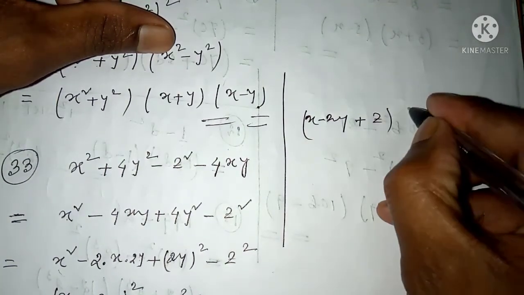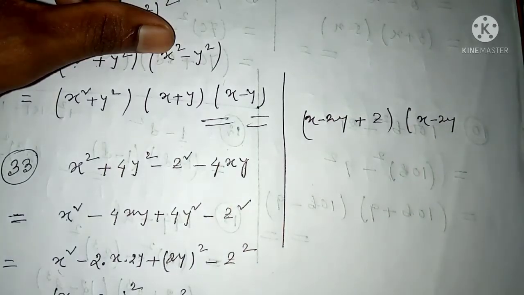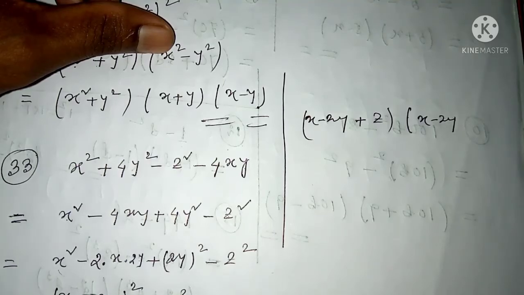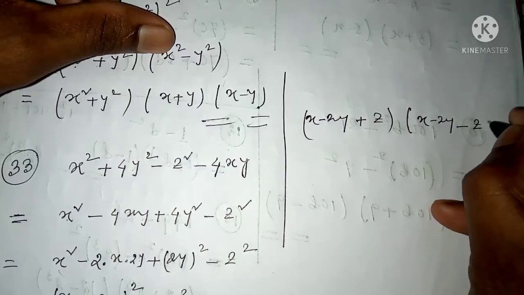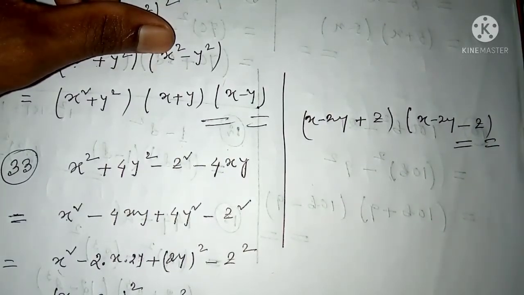Then first term, that is x minus 2y, minus second term, that is z. Don't get confused, I already wrote minus here because this term itself will contain minus. So this is our answer to the 33rd question.